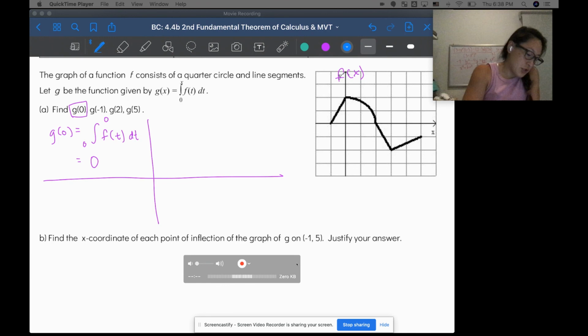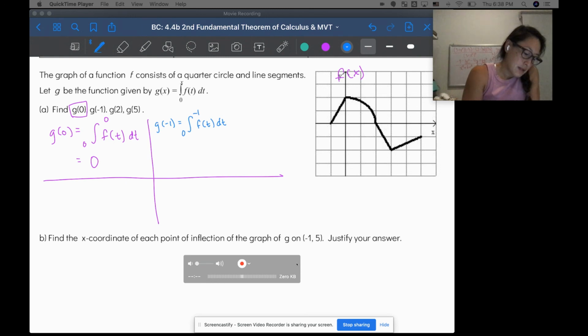Okay, so we have g of -1. We're going to evaluate from 0 to -1 of f of t dt.